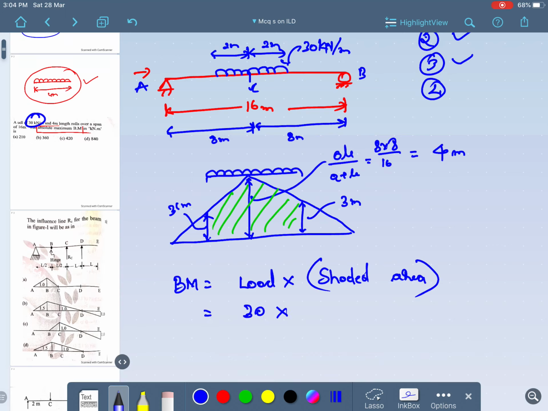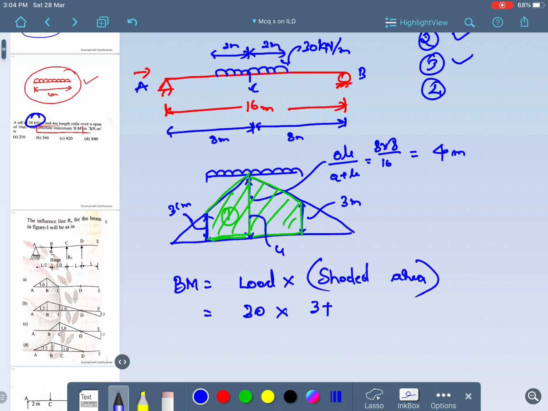By making use of the trapezoidal formula, I am going to calculate this. So I will take this as one trapezoid and this as one more trapezoid, but both trapezoids are the same, so I am taking one trapezoid and multiplying by 2. For the trapezoidal formula, this ordinate is 3 and this ordinate is 4.